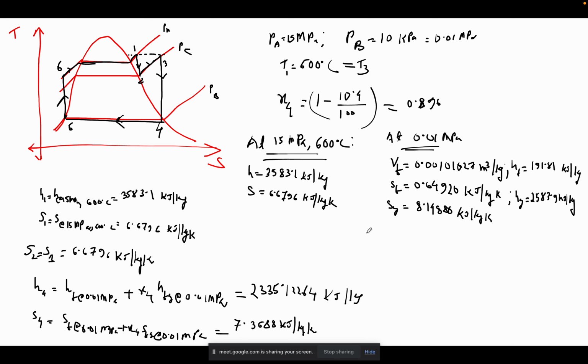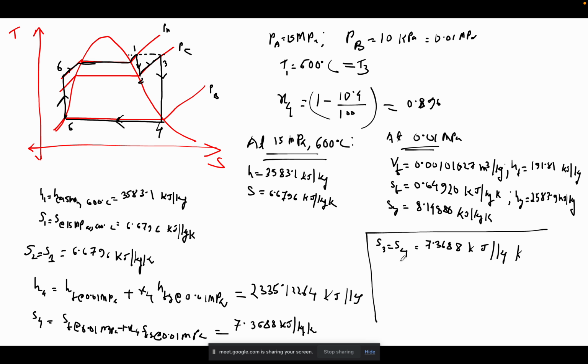Again we know that 3 to 4 is an isentropic process, so that means your S3 is also equal to your S4, and that is also equal to 7.3688 kilojoule per kg Kelvin. Now at this point 3 we know two parameters, one is the temperature and the other is the entropy.